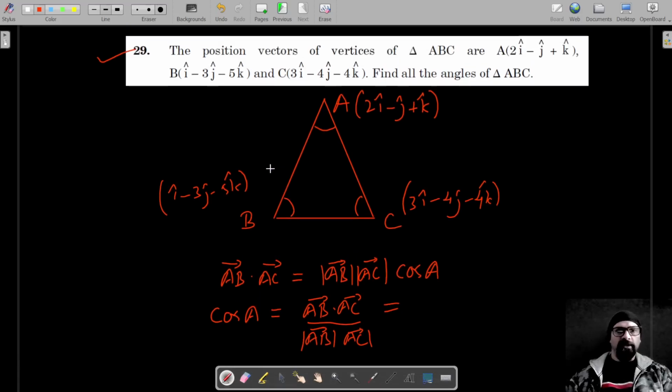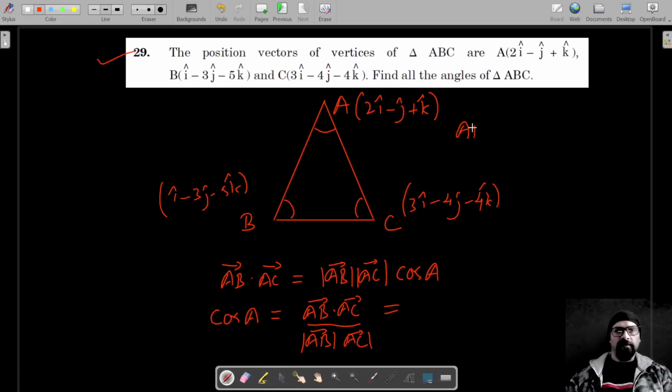Okay, now how do we find AB? So we have to find vector AB. Vector AB will be the position vector of B minus A. So this is equal to i cap minus 3j cap minus 5k cap minus 2i cap plus j cap minus k cap.